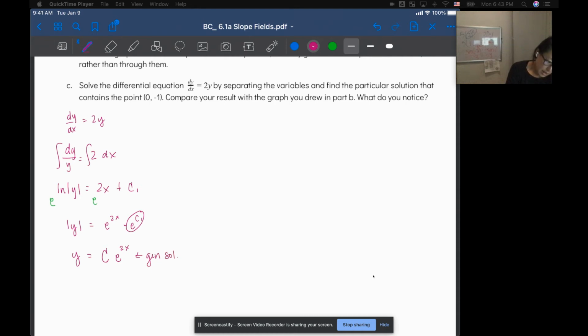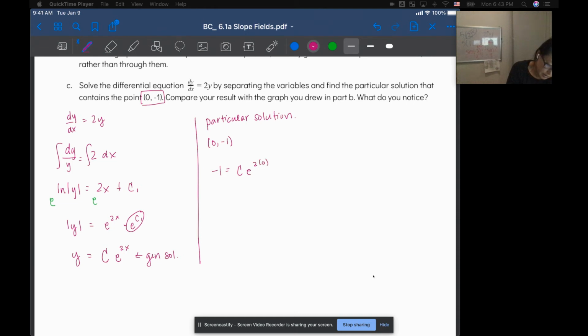Okay, and so what we need to do now is solve for our particular solution, by solving for c. So I am going to plug in the point that we plotted, (0, -1). So I get -1 is equal to c times e to the 2 times 0.